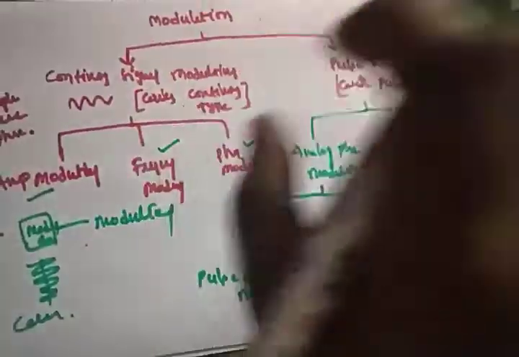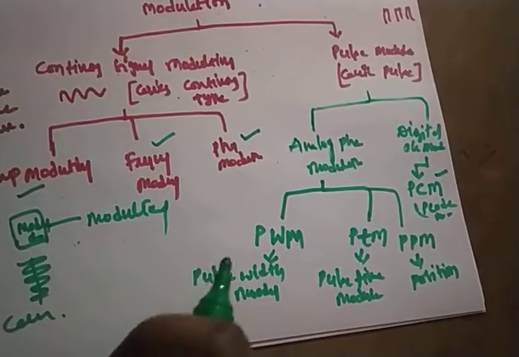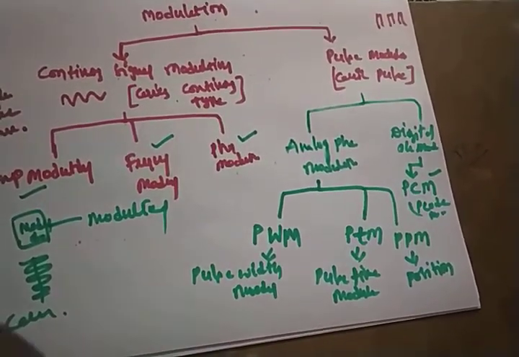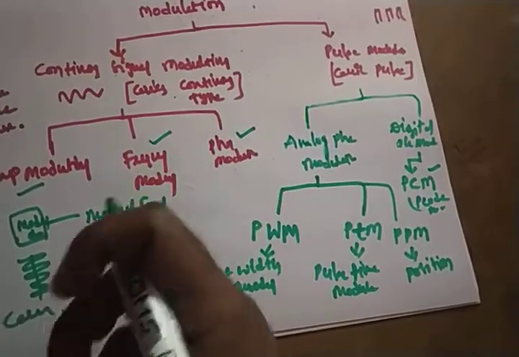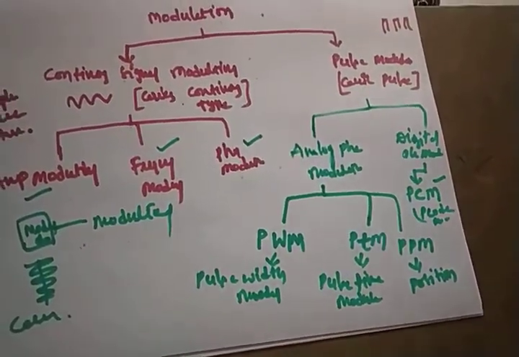My input signal won't change, because that signal you have to transfer for large distances. So it is combined with the high frequency signal, and according to that, my high frequency carrier signal will change.